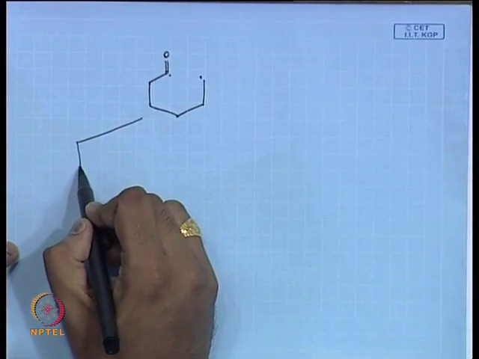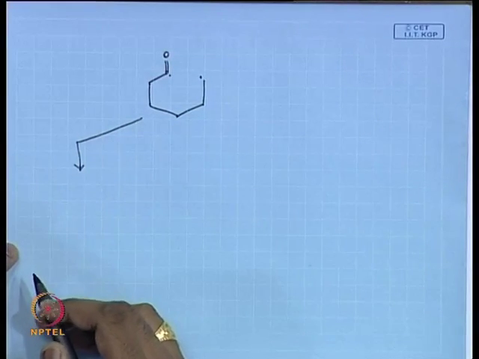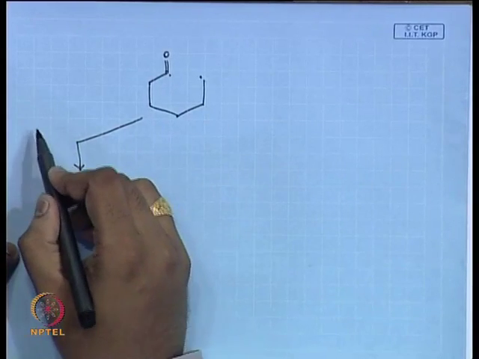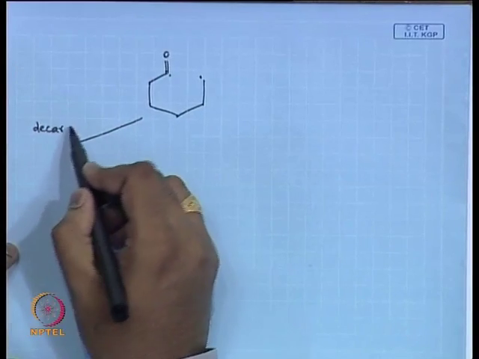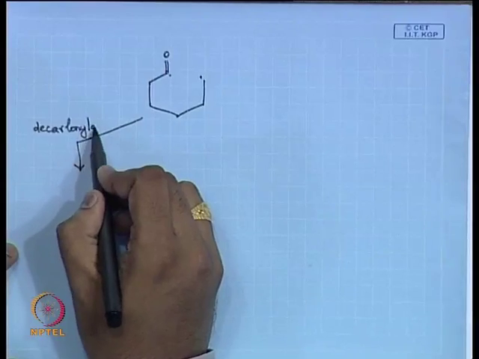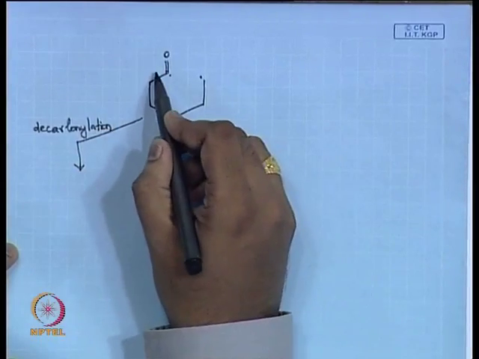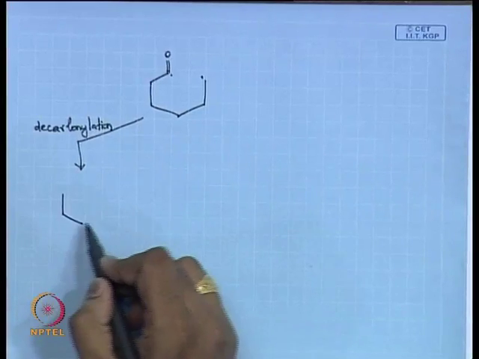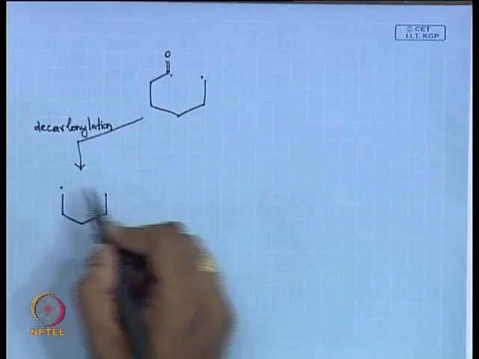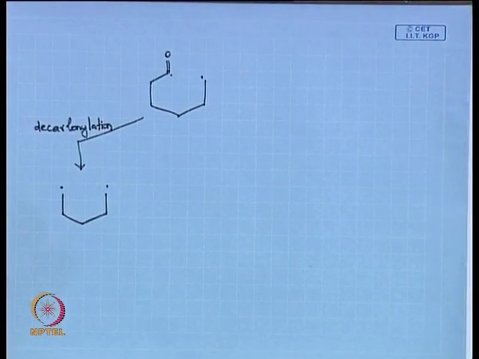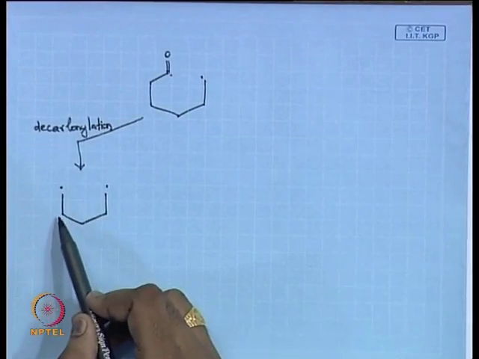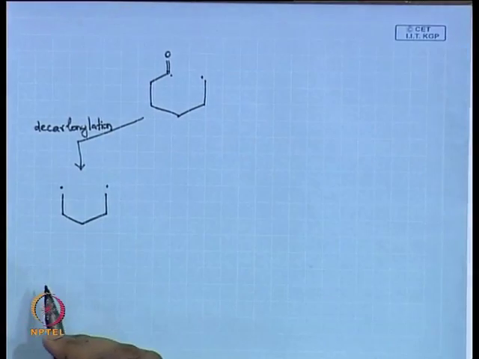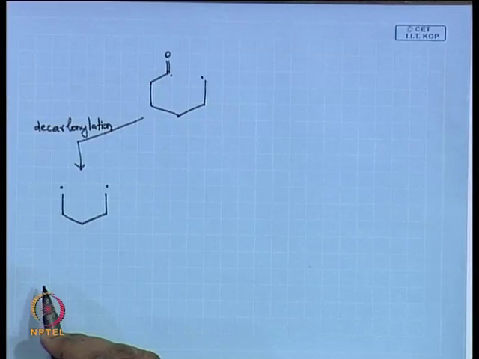You have studied one, it can undergo decarbonylation, right. I get my decarbonylation to give me what? What is this? 1, 2, 3, 4, 5. So, you get a 1,5 diradical.